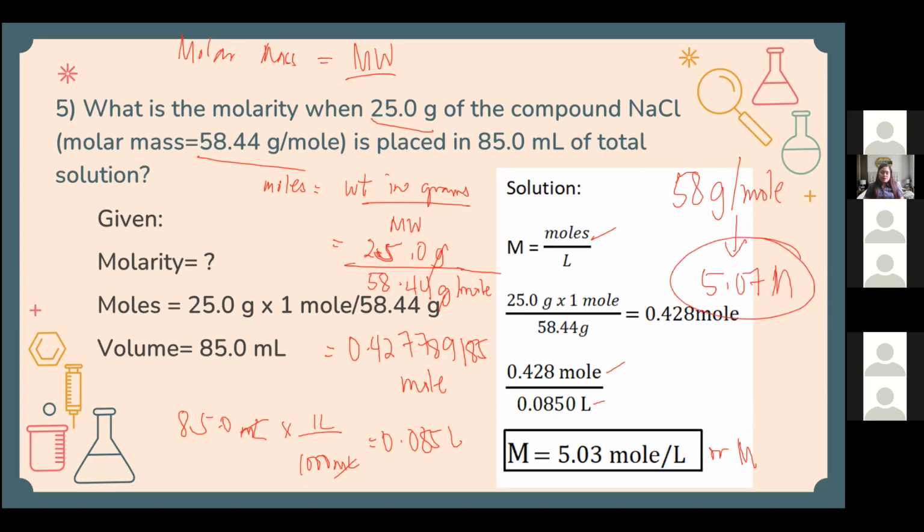I will also consider that one, because my instruction is to use the whole number for the molecular weight. But since this problem gives you the molar mass with decimals, it's okay to use this and it's okay to use this one also. So either 5.03 or 5.07 is our answer.